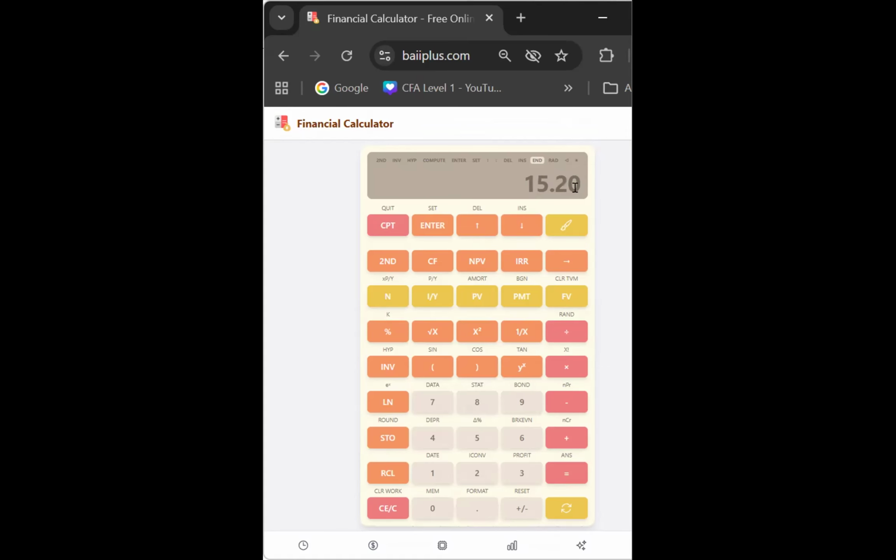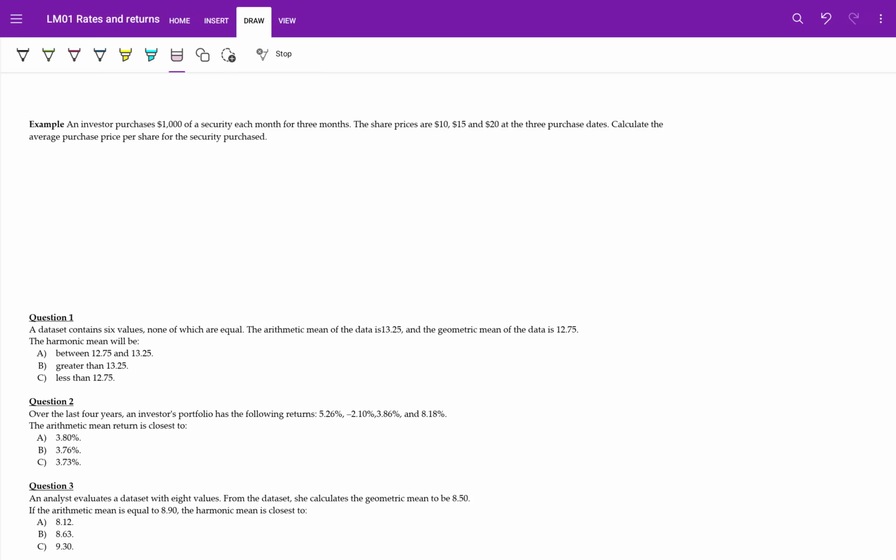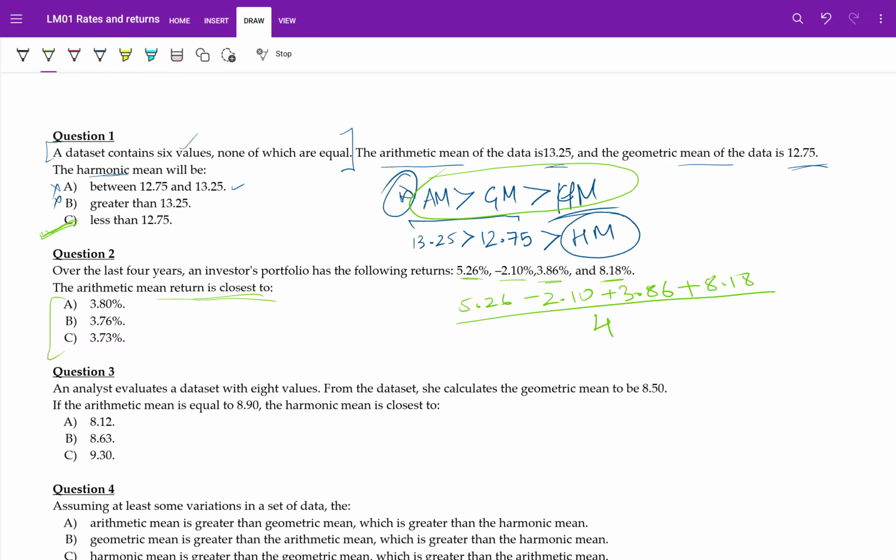This is equal to 15.24. Then we divide it by 4, the total number of observations, and this gives us 3.8. So 3.8 is our answer, and we do have option A. So option A is the correct option. And this is just a simple mathematical question. Nothing tricky about it.